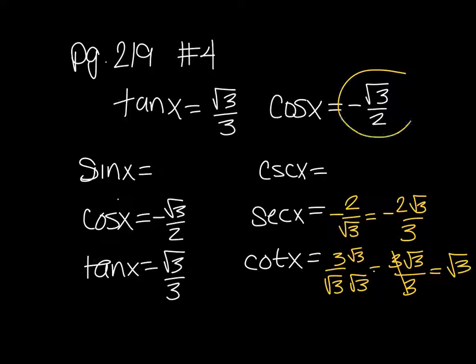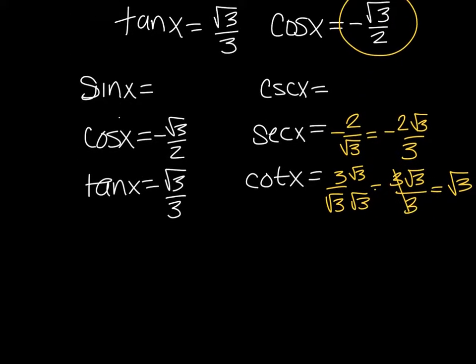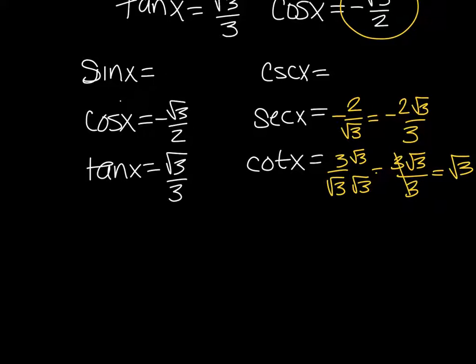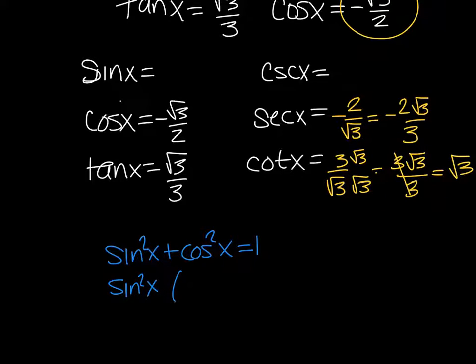We have cosine is the negative root 3 over 2, and if I want to find sine, then I can use that Pythagorean identity, where sine squared plus cosine squared equals 1. And so I know that cosine is negative root 3 over 2, and I can square that.